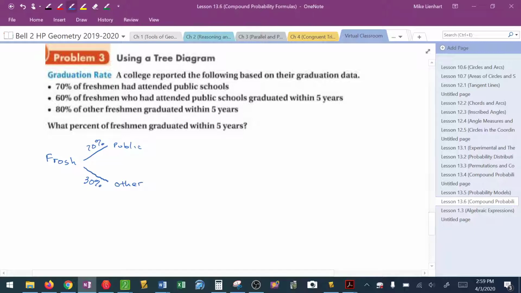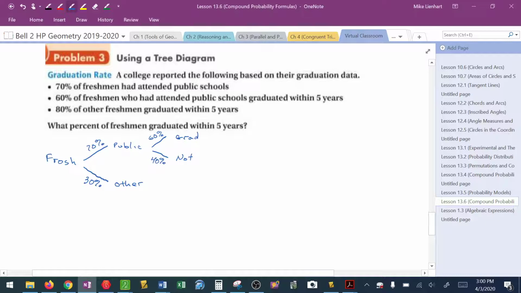All right? Now, it says of those that attended public schools, 60% graduated within 5 years. So we're going to take this data and now say you either graduated or you didn't within 5 years. Again, they said 60% graduated within 5 years, which means 40% did not.